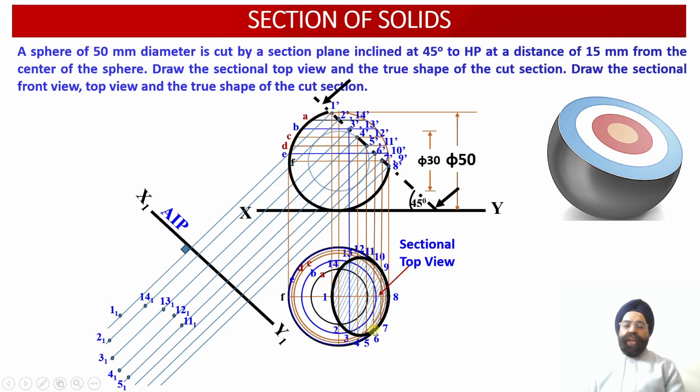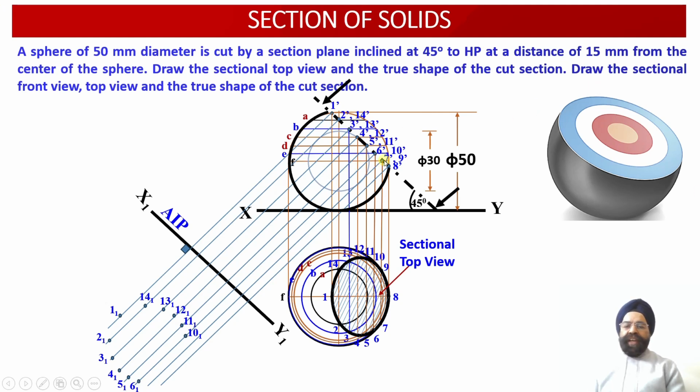Once we evaluate these distances, onto the projector line emerging through the points 6 dash and 10 dash, we are going to mark the distance of point 10 here, and the distance of point 6 will be marked over here. So points 10 1 and 6 1 have been evaluated into the auxiliary plan projection view.